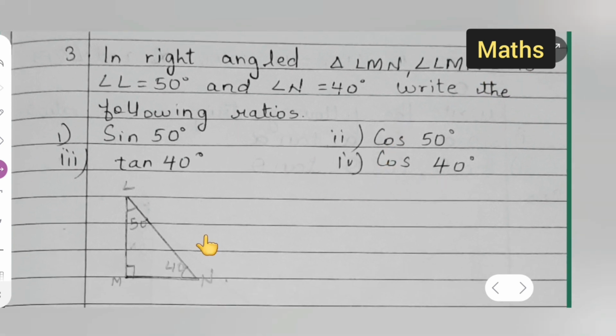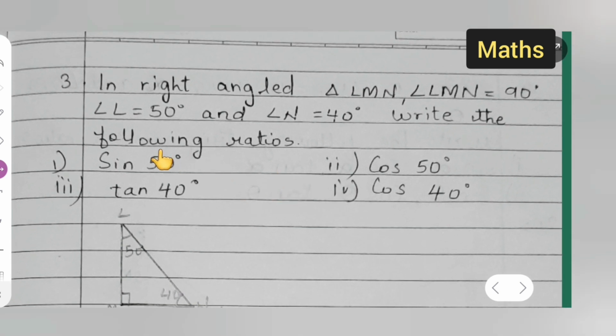Here you all can see M is 90 degrees. Next you all can take down angle L is equal to 50 degrees and angle N is equal to 40 degrees. Write the following ratios: sin 50, second cos 50, third tan 40, and fourth cos 40, which you all have to solve.